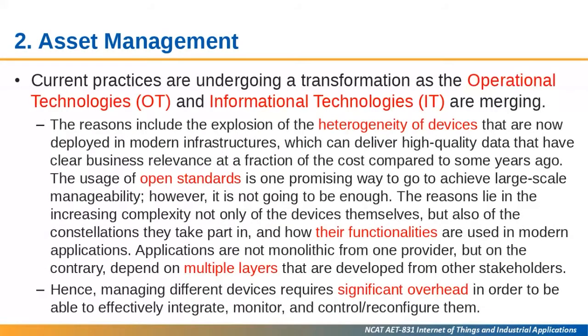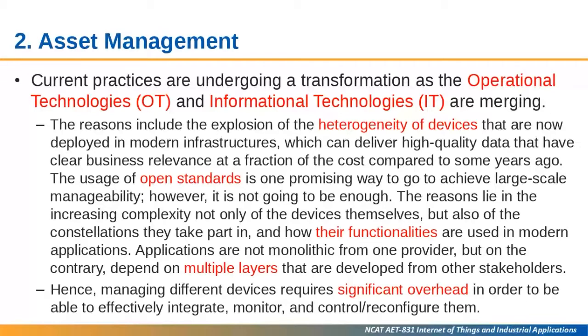So current practice is undergoing transformation as operational technology and information technology are merging. Operational technology usually means the automation in the manufacturing environment. For example, you may have heard of the programmable logic controller, PLC, and CNC machines. Basically, they are small computers. They will control the operations.